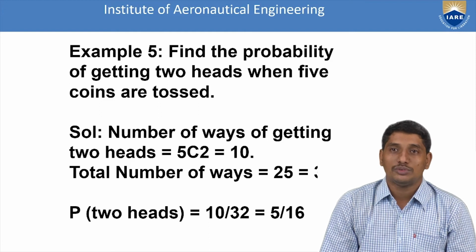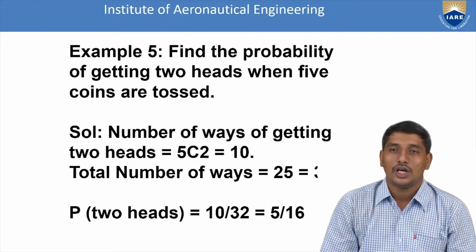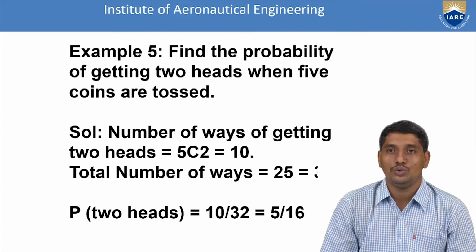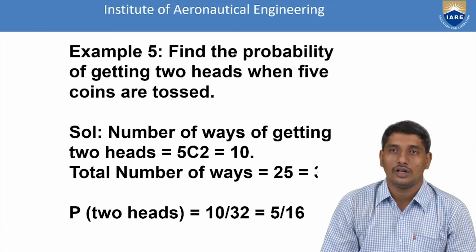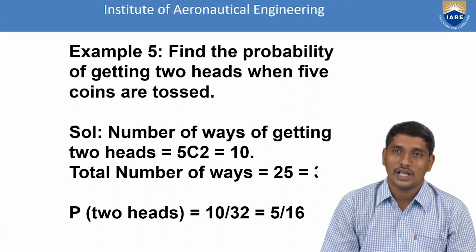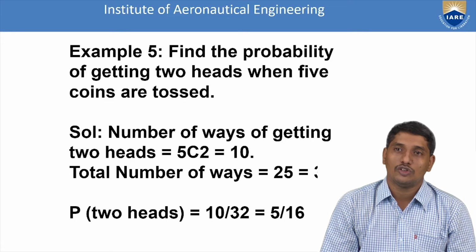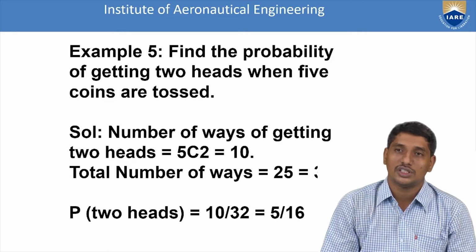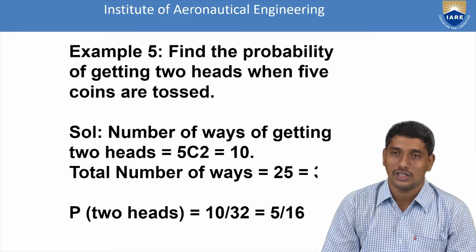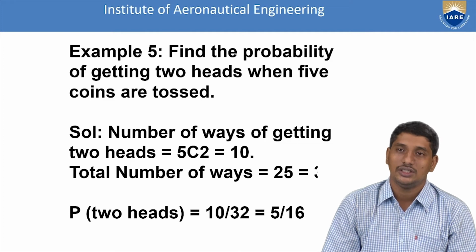So the probability of getting two heads is favorable outcomes by total number of outcomes, according to the classical definition. Favorable outcomes are 10 and the total number of outcomes is 32. So 10 by 32 is the answer, and hence 5 by 16 is the probability that we require.